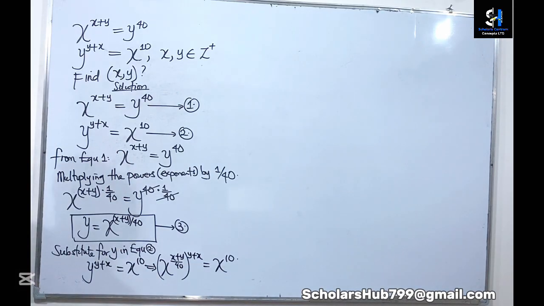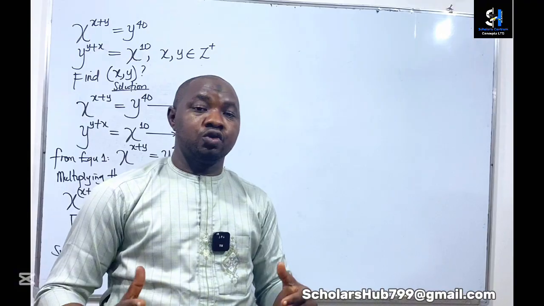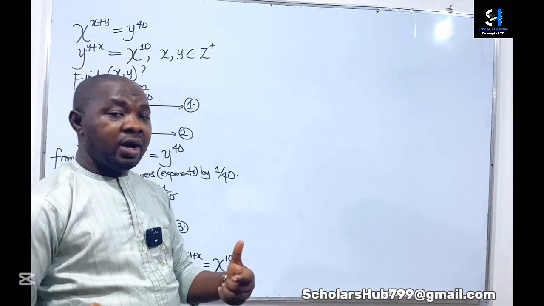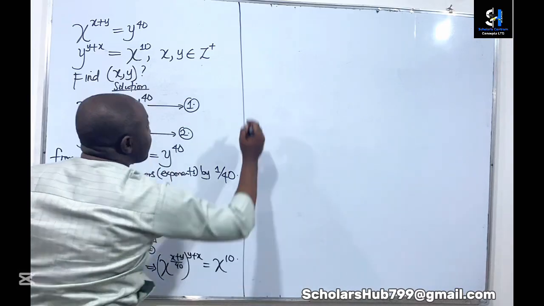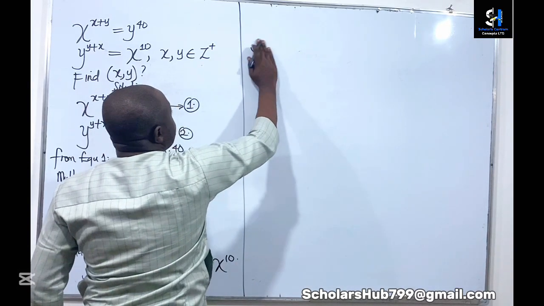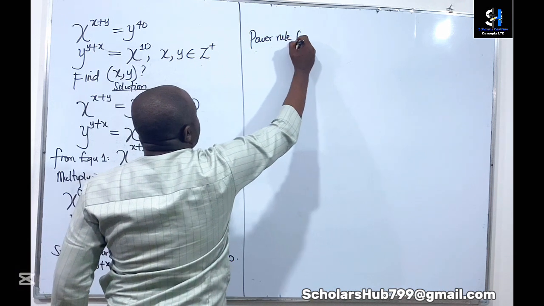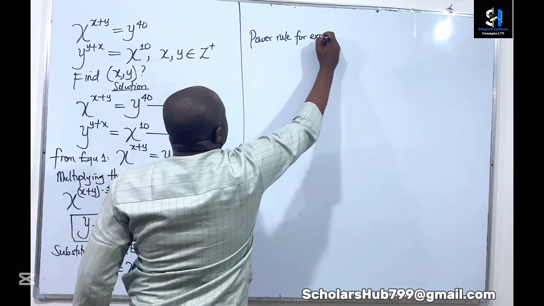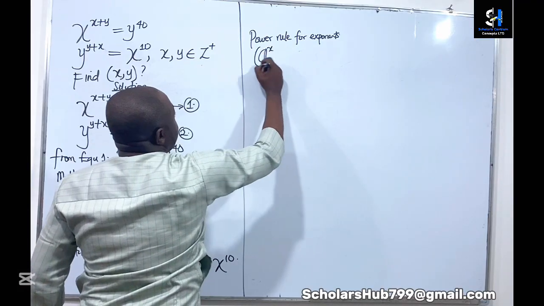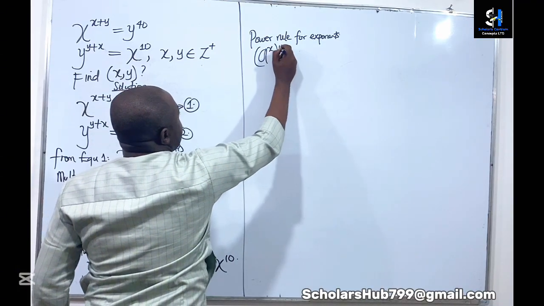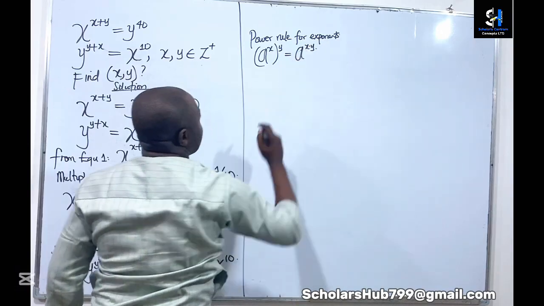Now, this is where we can apply what we call the power rule for exponents. When we have parentheses a raised to the power of x, raised to the yth power, this will be a raised to the power of x times y.